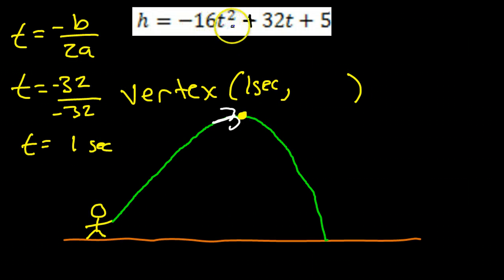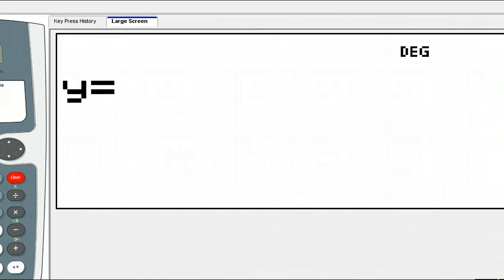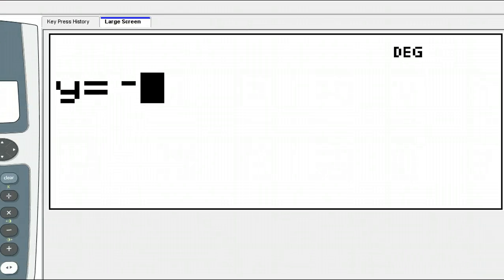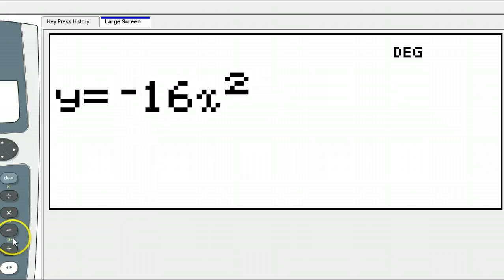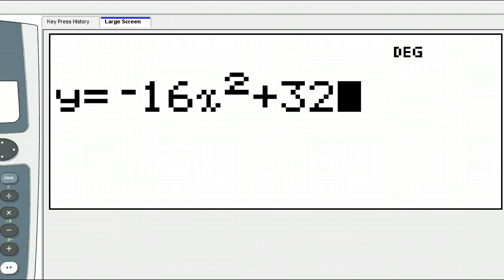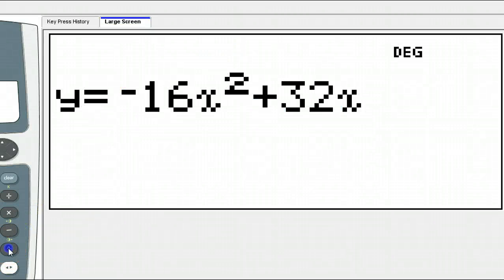So I have negative 16t squared plus 32t plus 5.